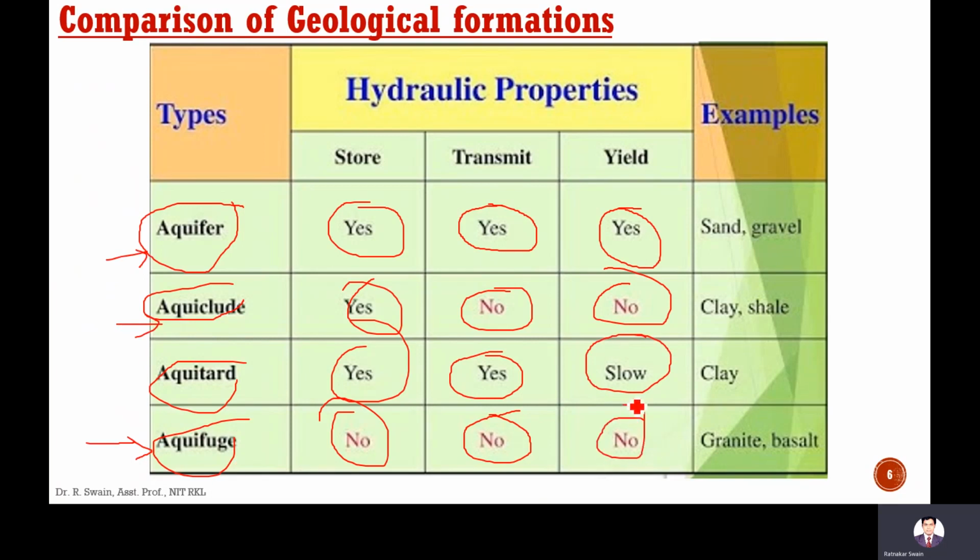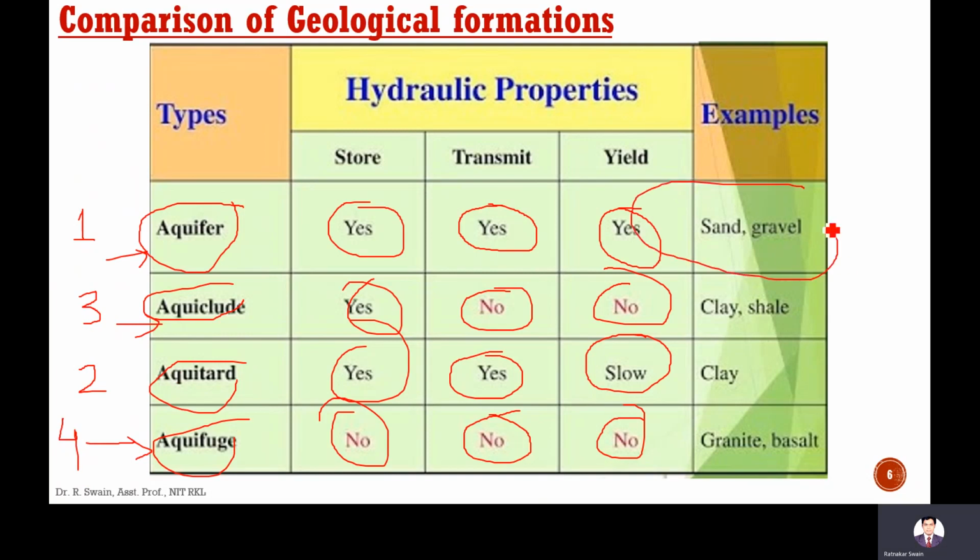If we rank them by yield and groundwater storage, the aquifer will be number 1, aquitard number 2, aquiclude number 3, and aquifuge number 4.